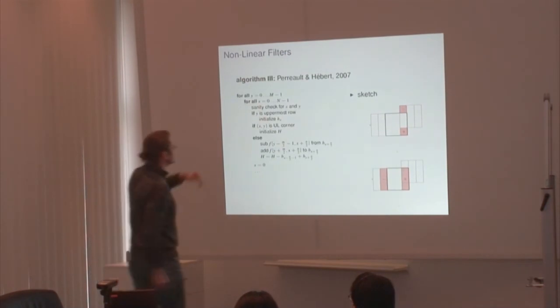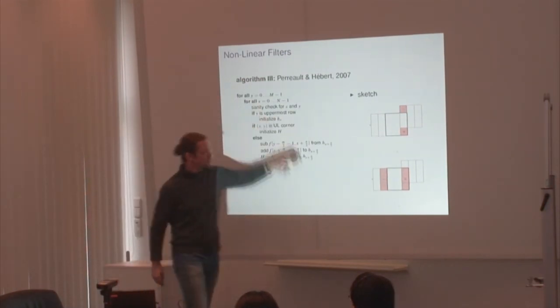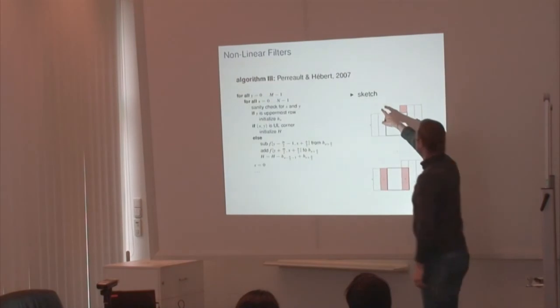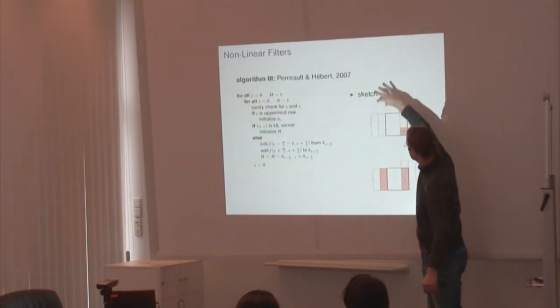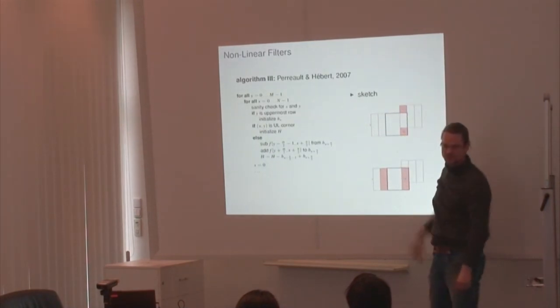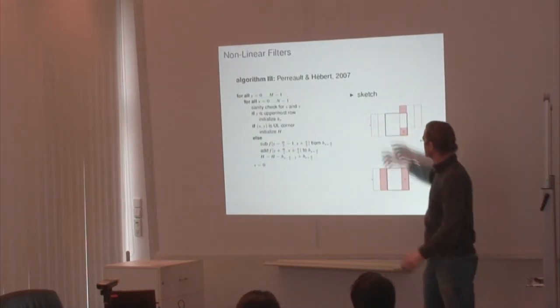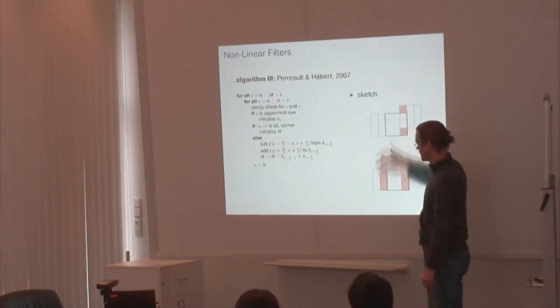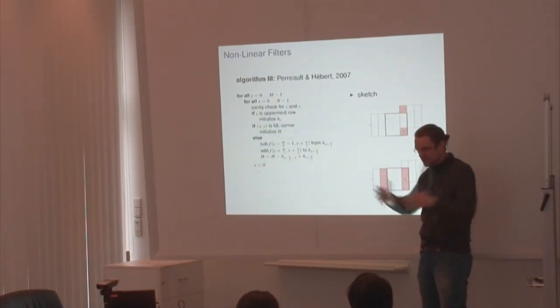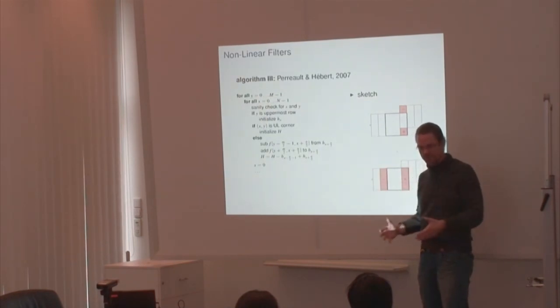If we are in the uppermost row, for every pixel in the uppermost row, we initialize a histogram for every column. At the beginning, those histograms will contain just the value for these pixels, and for the others we don't know yet, but we have at least allocated memory already.